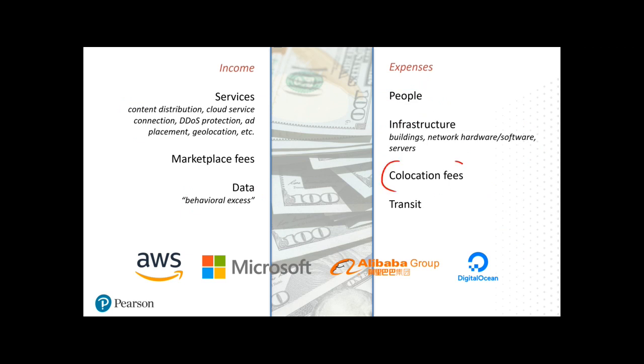They are paying for all of that physical hardware out there, co-location fees and transit. Now, not all of your cloud providers are going to pay for transit, because they're going to go out and co-locate at the edge of the network as much as they can. Some examples here are AWS, Microsoft, Alibaba, DigitalOcean, Amazon, etc.